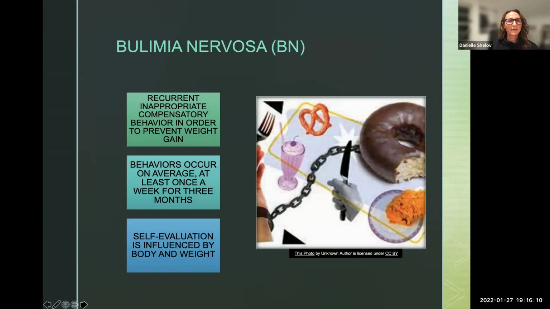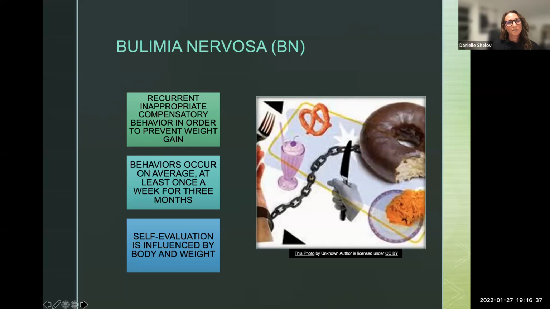The other big gun, I think, is bulimia nervosa, right? Bulimia is similar to anorexia just in the fact that it's a manipulation of food. However, this occurs with a recurrent, inappropriate compensatory behavior in order to prevent weight gain. For bulimia, behaviors occur on average at least once a week for 3 months.